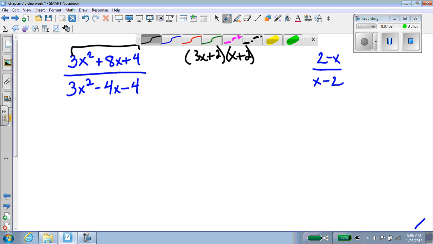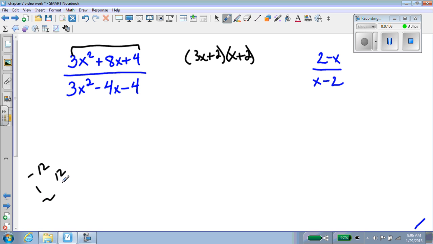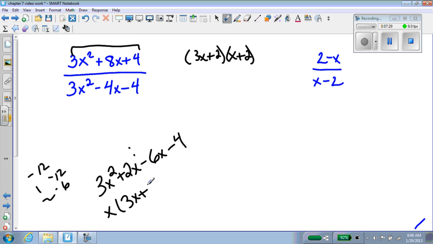My denominator is negative 12. So that's 1 and 12, 2 and 6. Now I want 2 with negative 6. So 3x squared plus 2x minus 6x, minus 4. x times 3x plus 2, negative 2 times 3x plus 2.